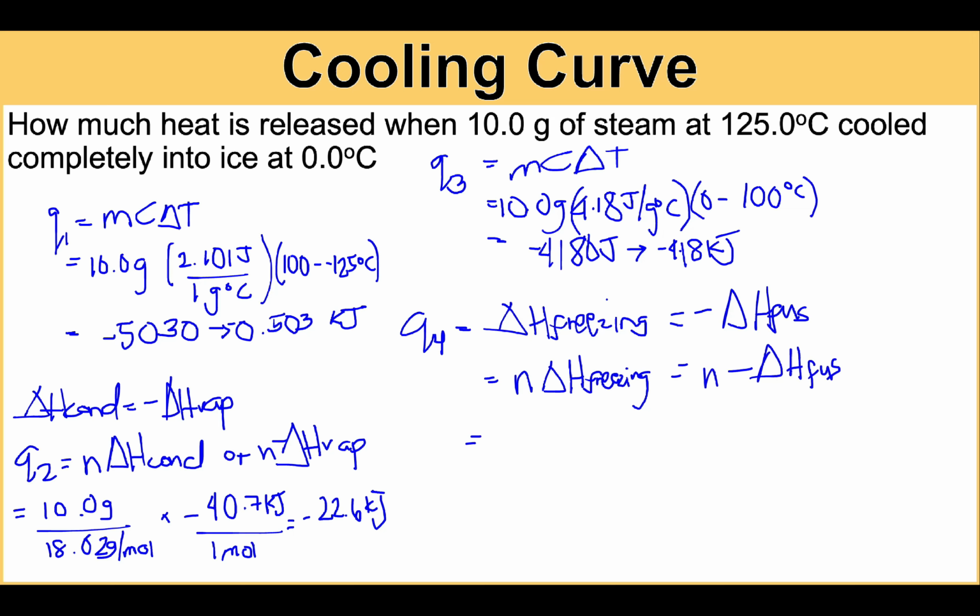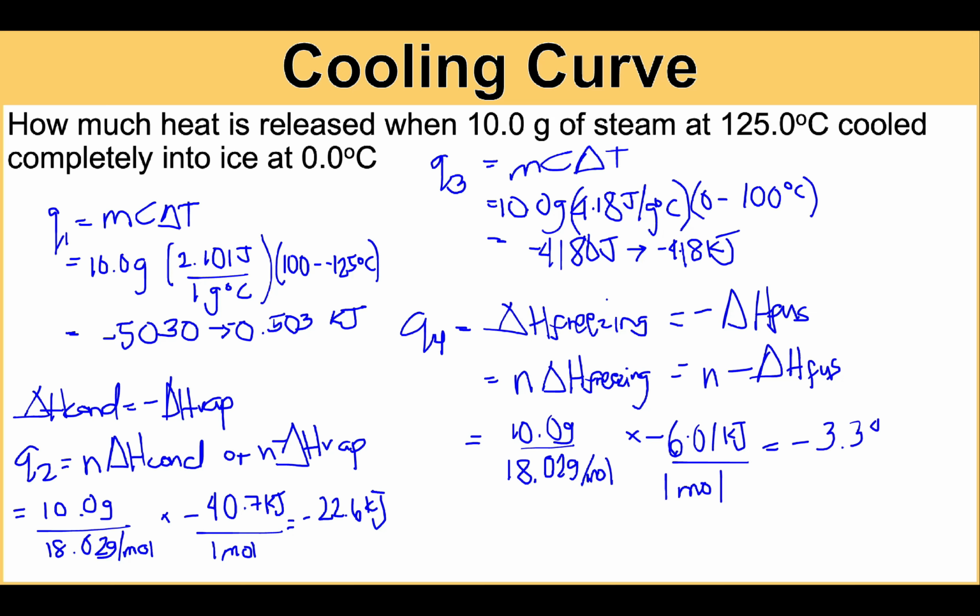So substituting the values, 10.0 grams over 18.02 grams per mole times negative 6.01 kJ per 1 mole is equal to negative 3.34 kilojoules. So if you notice, all of the values here are negative because this is a cooling curve.